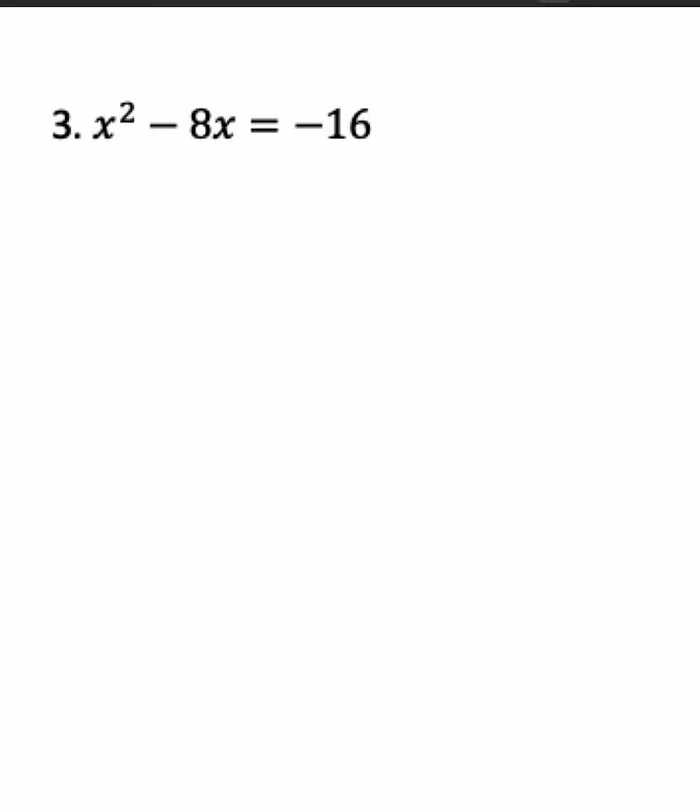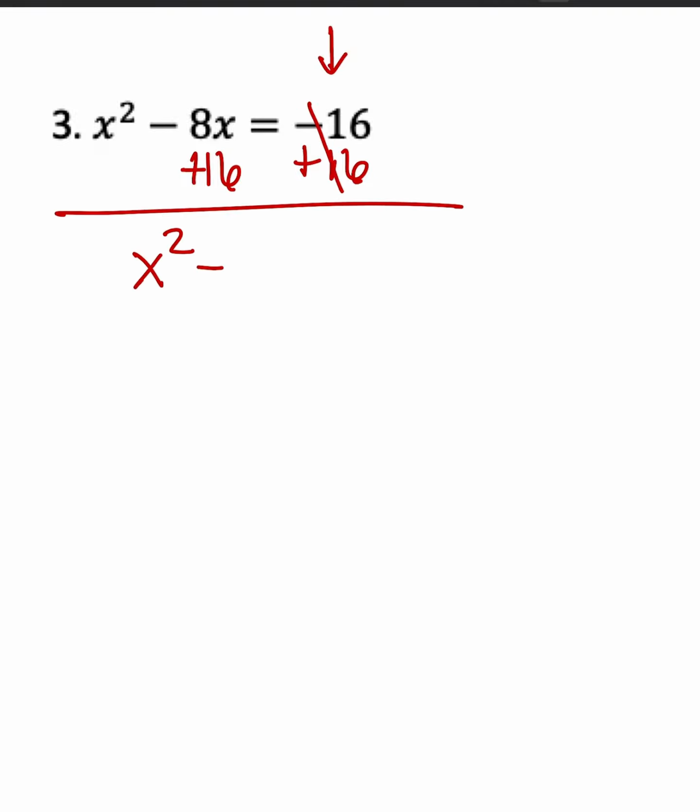So for our next one, we're going to make sure it's in standard form first. This one is not in standard form because we don't have our constant on the same side as the other terms. So to move that, we're just going to add 16 to both sides to get it in the correct standard form. So we'd have x squared minus 8x plus 16.